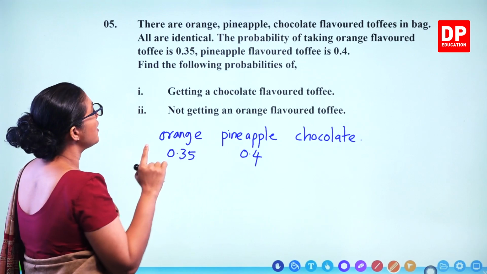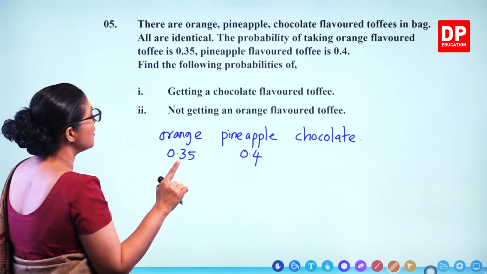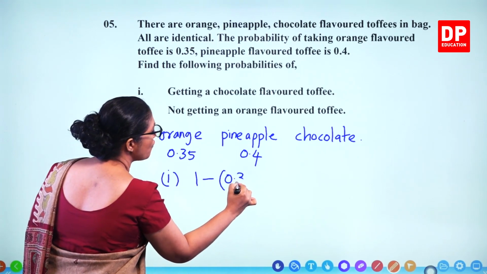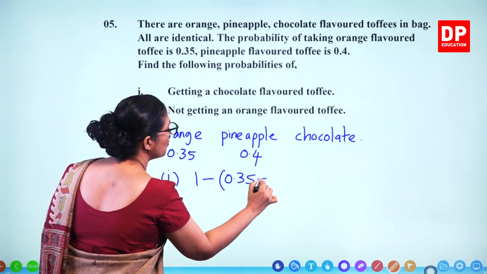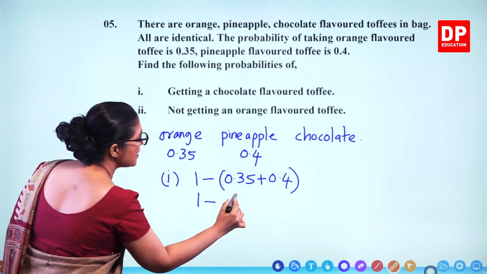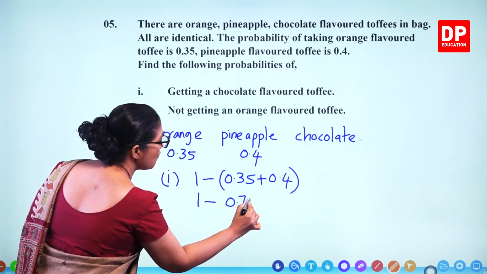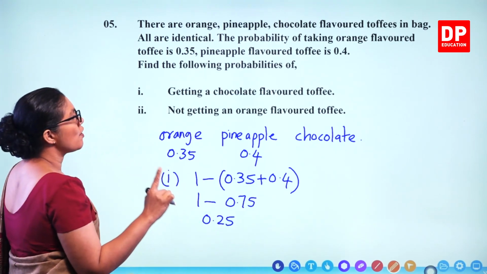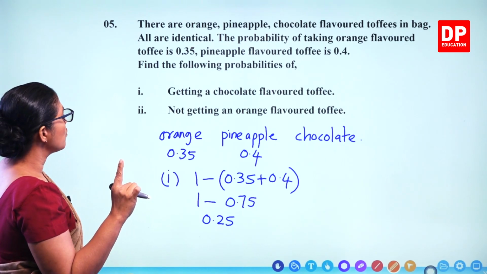Now we can easily find out the probability of getting chocolate flavored toffees. 1 minus addition of these two. Addition of these two, 1 minus, you get 0.75. So that means 0.25 is the probability of getting chocolate flavored toffee.